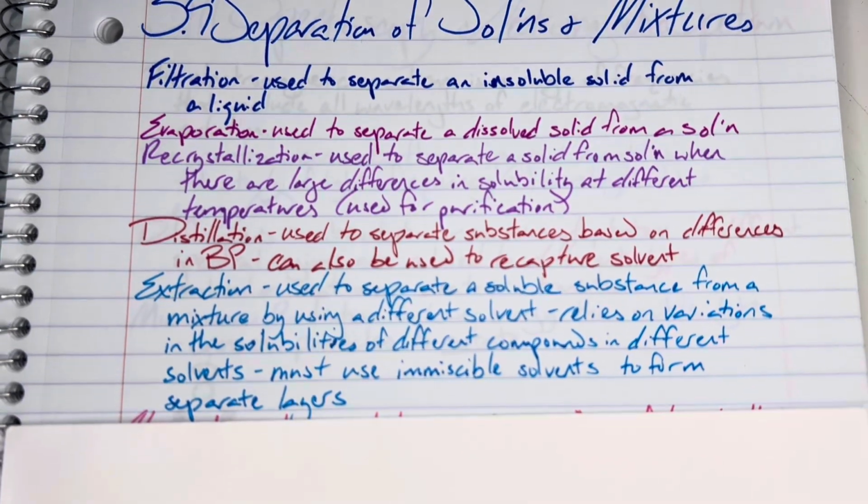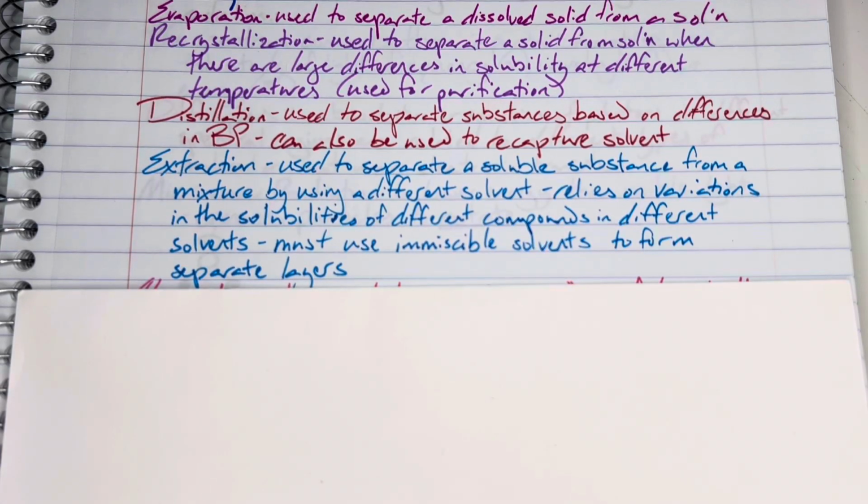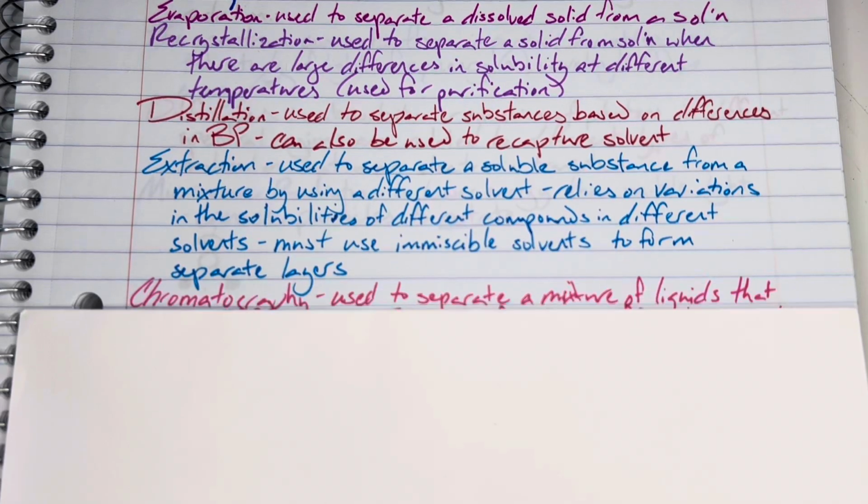So you're going to want something that will dissolve into one of the solvents better than the other one, so it will separate out, and you are going to want to be able to distinguish between the layers of the two solvents, and you don't want those solvents to be miscible together, so they shouldn't mix together. You should be able to have a clear separation between your solvents.